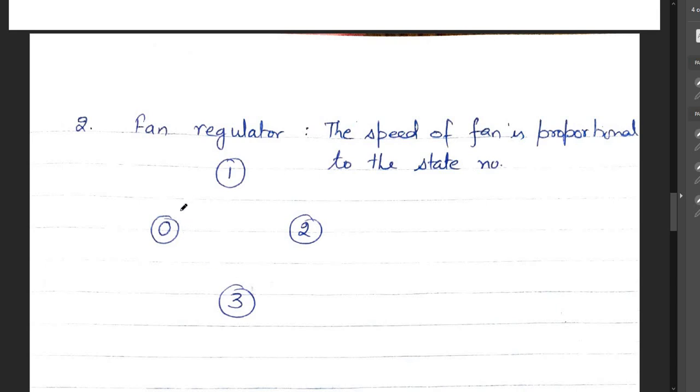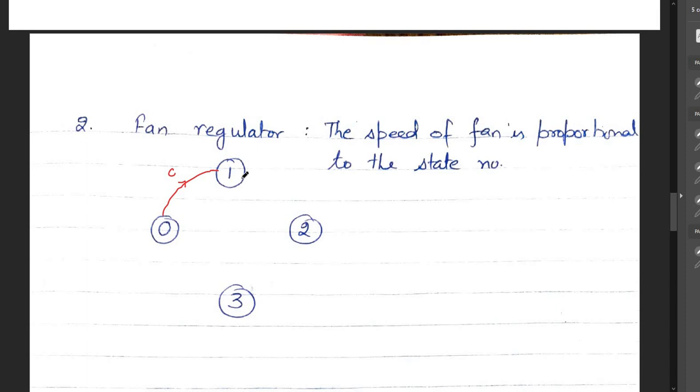So there could be two types of actions that I can take. In the previous example, we had only one action, that is push. Now, in this particular problem, you have two different kinds of actions possible. You can move from state 0 to state 1 by taking an action corresponding to the clockwise direction.